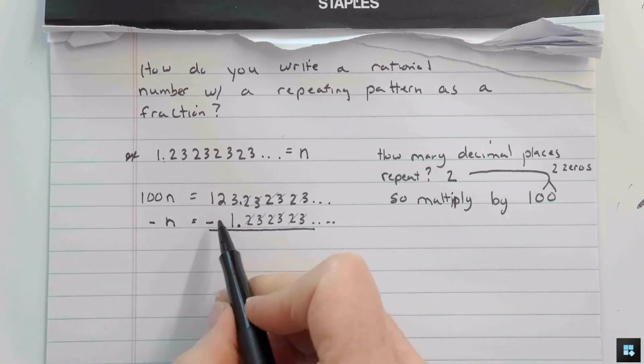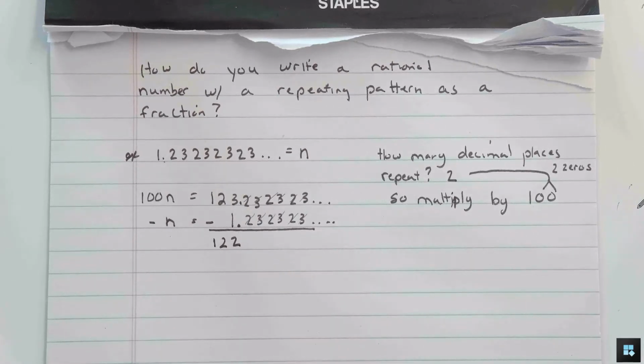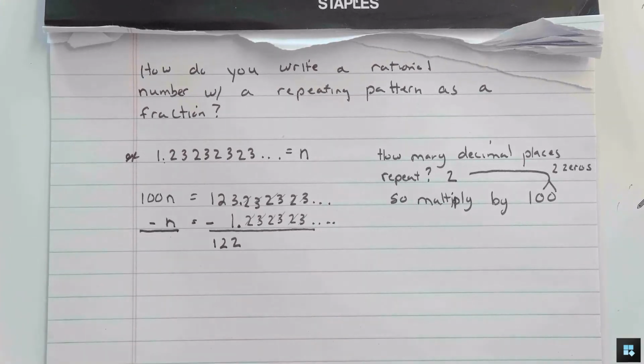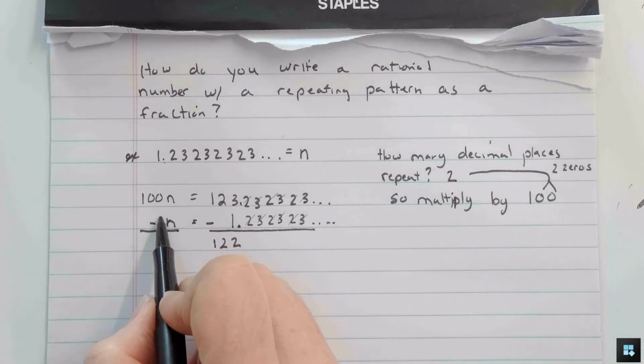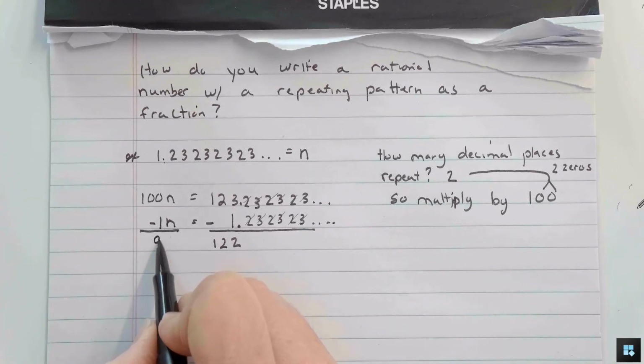So I'm left with 123 minus 1, or 122. On the left side, I had 100n, 100 times n, and I'm taking away 1n. This is a 1n. If you don't see a number, you can put a 1 there. So 100n minus 1n is 99n.